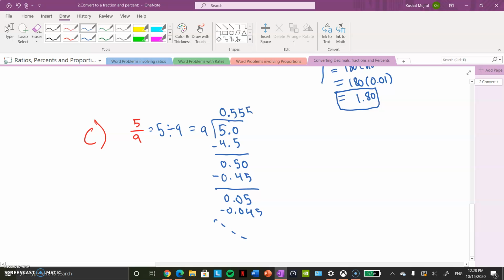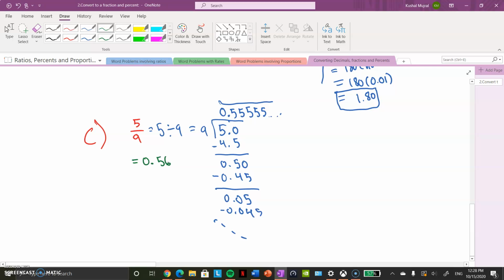And this becomes 0.55555. Okay, you could do the division by yourself, because that's not the skill that we're testing right now. So this becomes 0.55555, and the way we would write that in a decimal would be 0.56, because we usually round to the nearest hundredth.